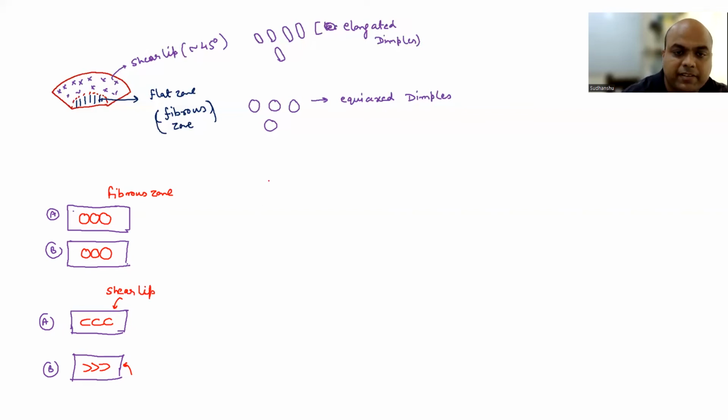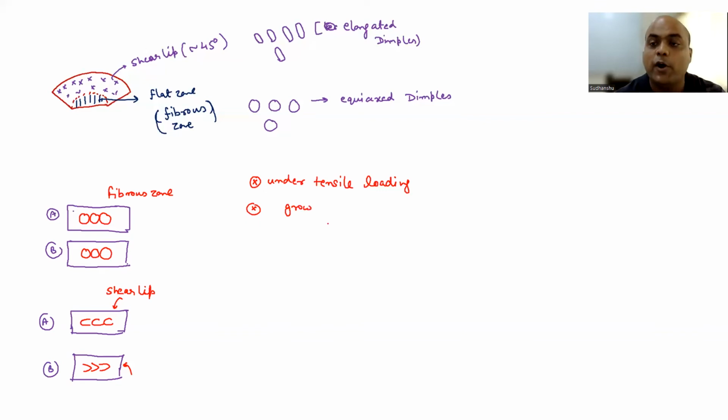Okay, so now let me summarize under tensile loading. Second is they grow out of the plane. So these voids, they are going to grow out of the plane. Third is you are going to form equiaxed dimples.